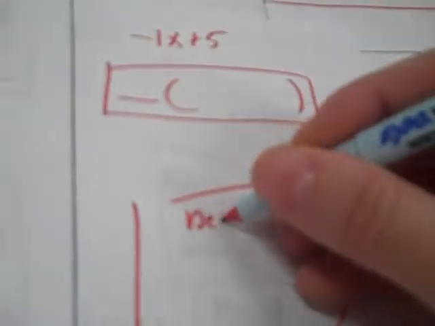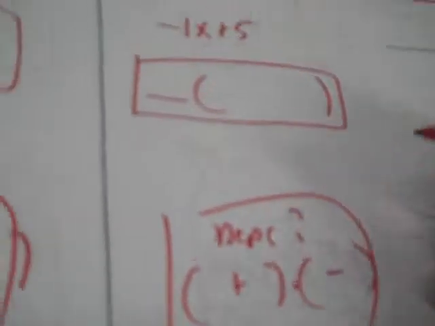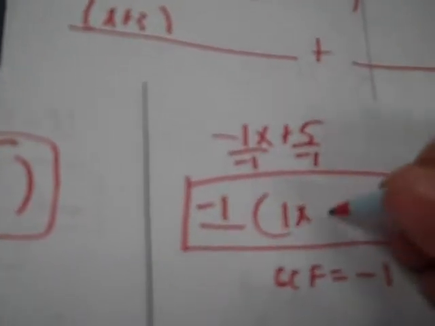Now I go over here. Now this one does have a GCF, because what's our rule if there's a negative in the front? DOPS. The rule is that the GCF's negative. Now I'm real well aware the GCF's 1, but since it's negative 1, we actually want to write the binomial, so now it's positive 1x minus 5.